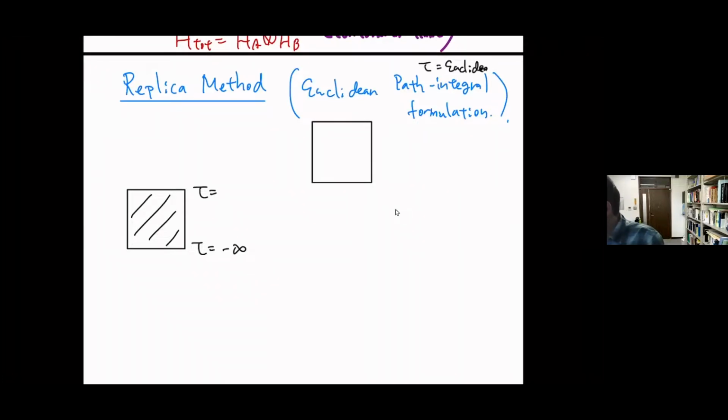Always in my talk, tau is Euclidean time. Then we read off the wave functional here. So this defines a state, which we write precisely.